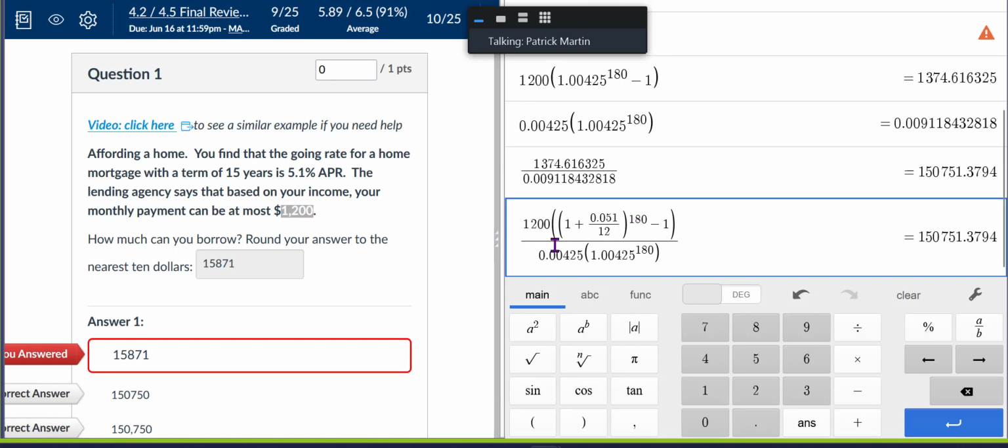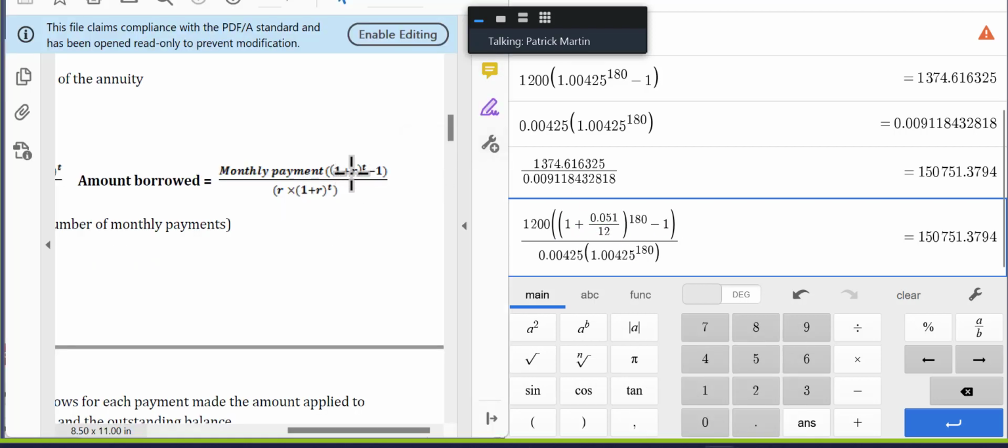So you can do that, but you must put parentheses around all of this, and therefore you will have two sets of parentheses on the top, one to enclose the 1 plus the rate, the 1 plus R part, right? 1 plus R, see that? And the other parentheses to enclose all of this, because all of this needs to be multiplied by the monthly payment, the 1200, right? So just watch out if you're doing that.